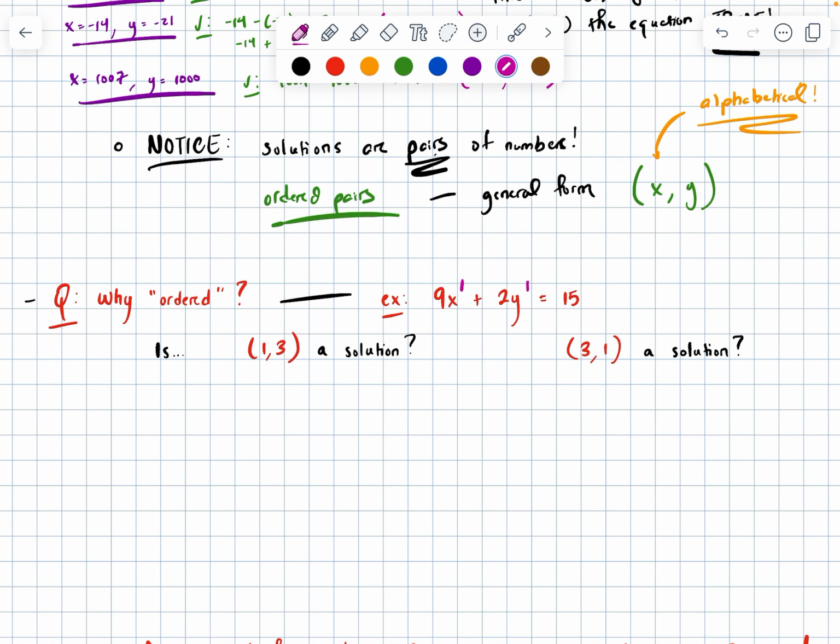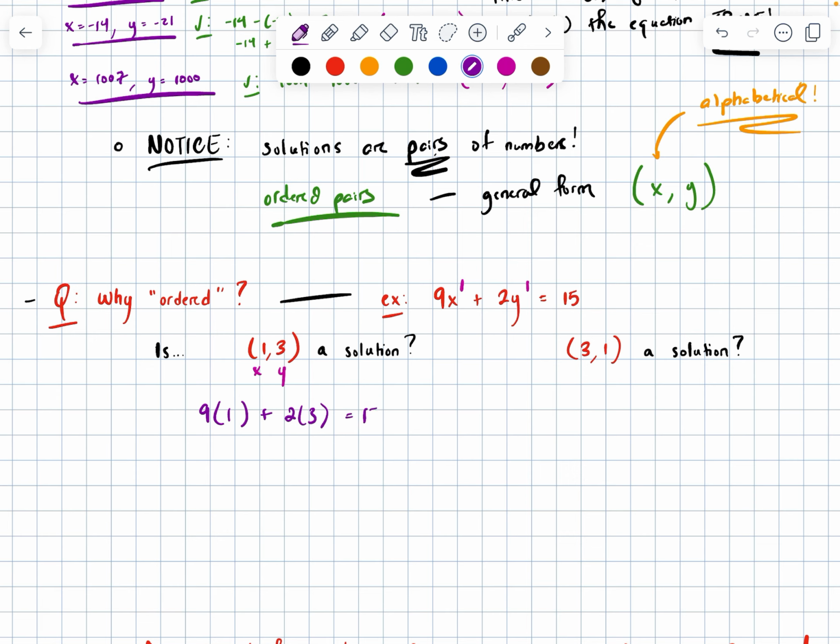If I wanted to test if 1 comma 3 was a solution, what would I do? Very good. Well, all I would need to do is substitute. Using my ordered pair notation, I know that x comes first, followed by y. So all I need to do is substitute and check whether my statement is true.